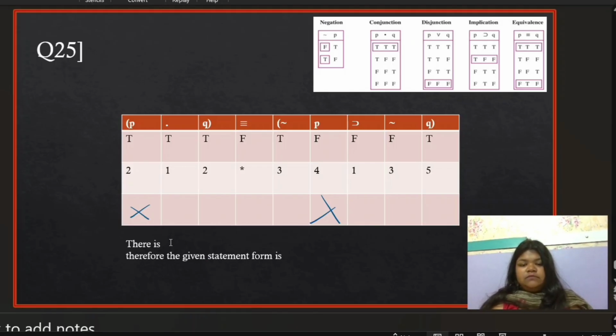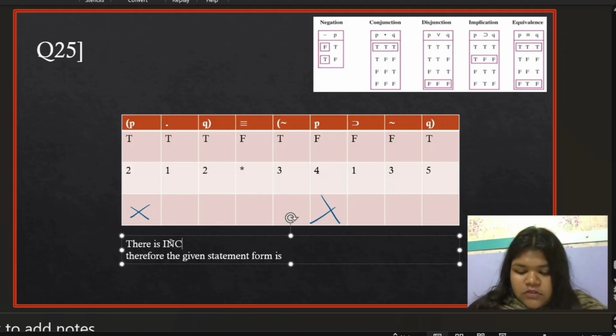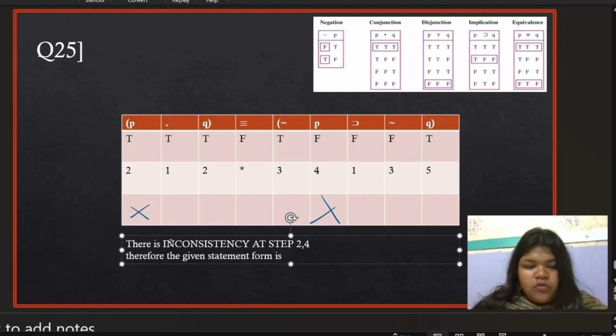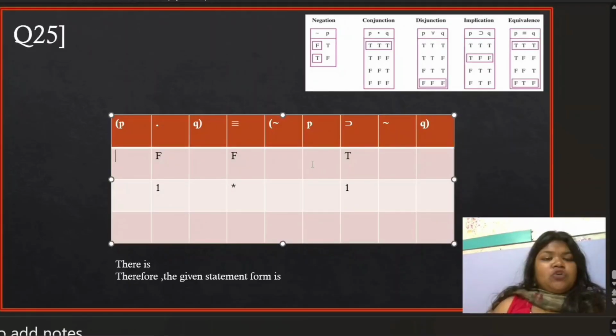There is an inconsistency at step 2, 4. It is also true when both the sides are true. Okay, this is your second step.